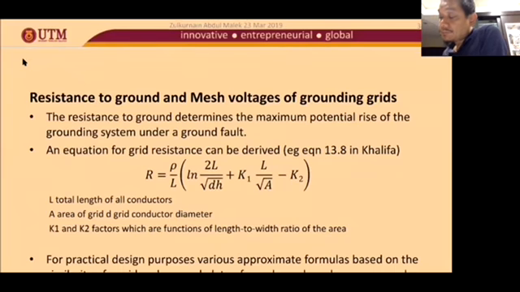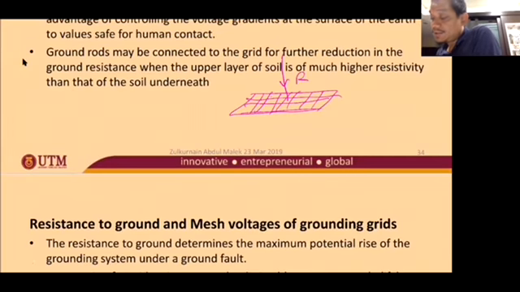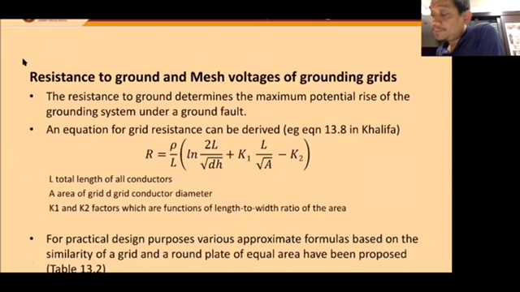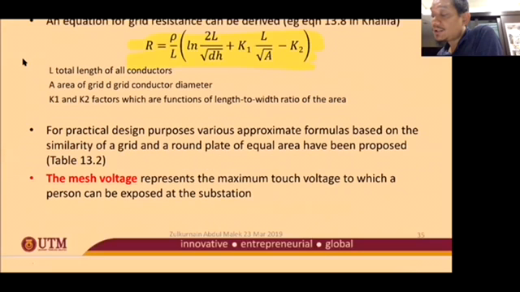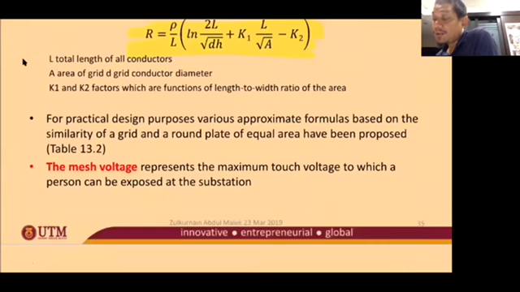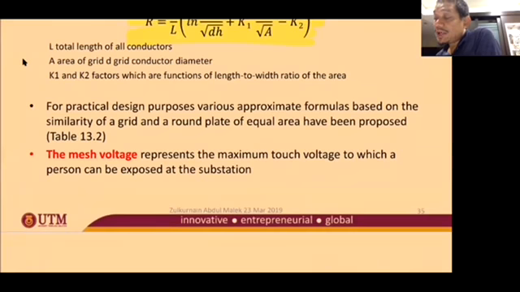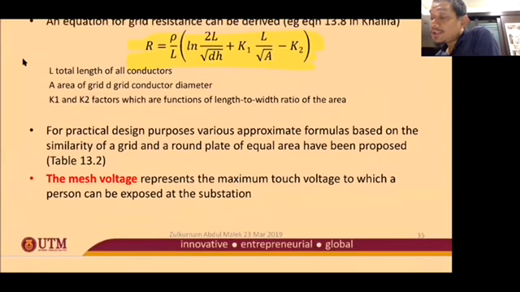But one equation is given here, an example of an equation. It depends on the grid length and some other factors. So when you design a substation grounding, you want the grid resistance R to be as low as possible so that you have safe touch and step potential.